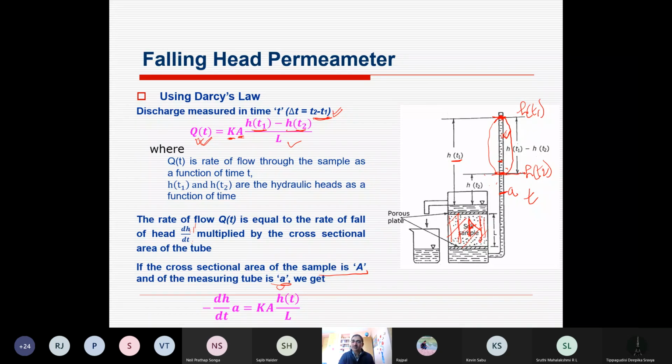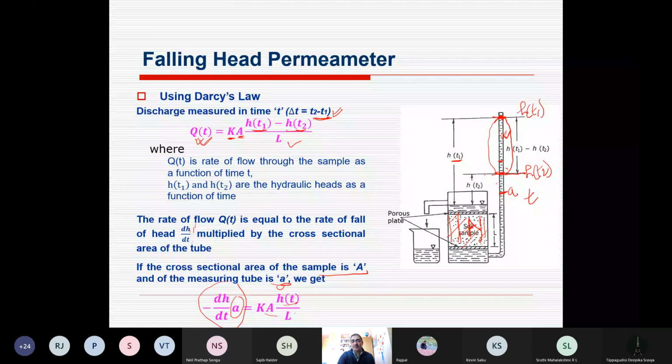So for any particular time, this rate of fall of head ds by dt with the area makes the volume. That is the simple idea. We can get K A delta Ht by L, taking this whole condition into account.